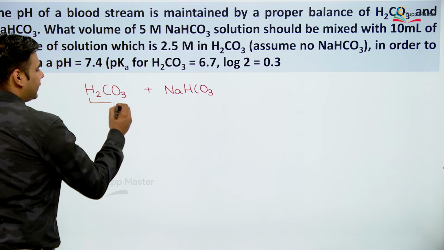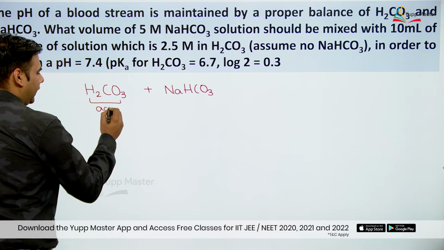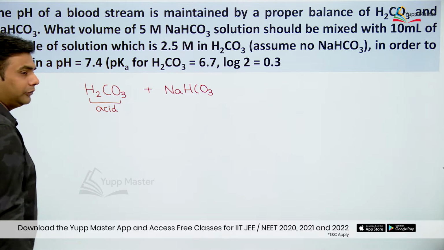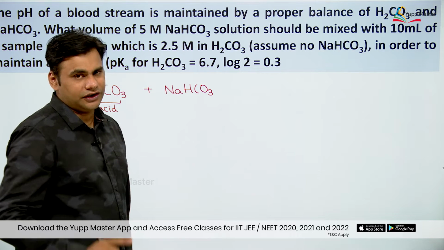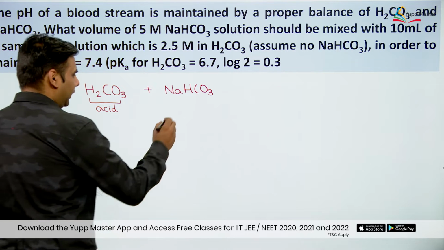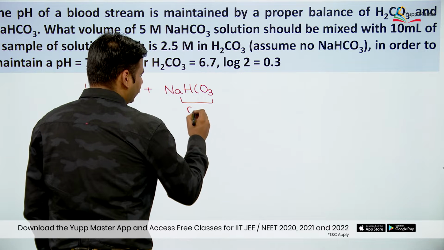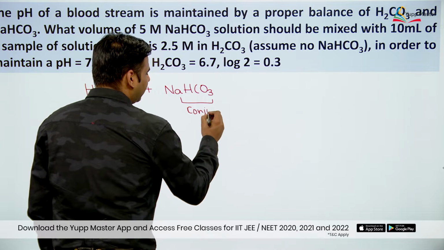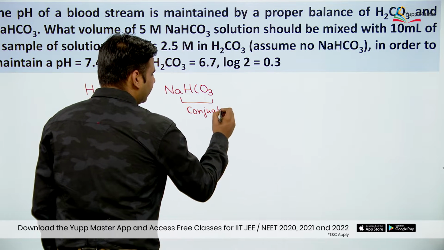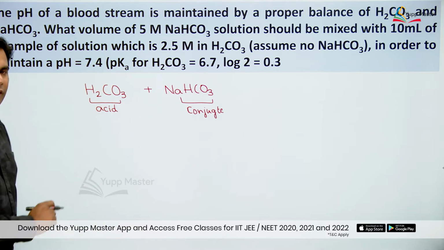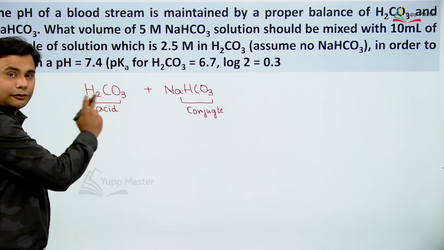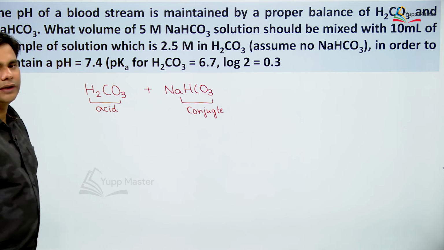So we know that this is an acid, and when it loses its H plus ion it forms HCO3 negative, which is a bicarbonate ion. So in this case this is the conjugate. So basically it is an acidic buffer, because if it loses an H plus ion it will form HCO3 negative.